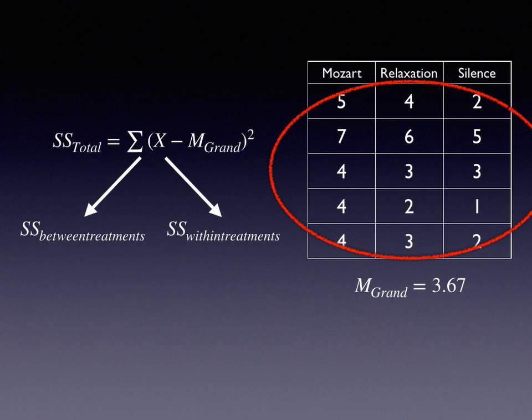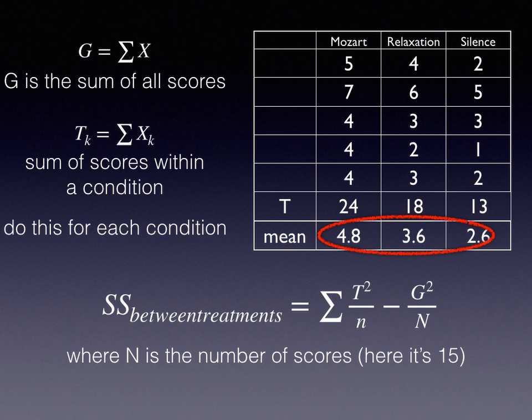There's a couple of new equations here, and they require a couple of new statistics that we haven't described previously, and they include these. G is very important. G is the sum of all the scores, and we're also going to look at big N, which is not pictured here except in the equation. Big N, the uppercase N, represents the number of all the scores, regardless of treatment condition.